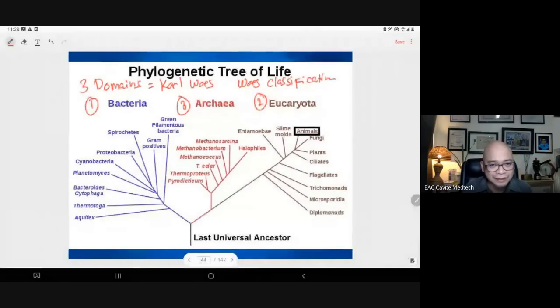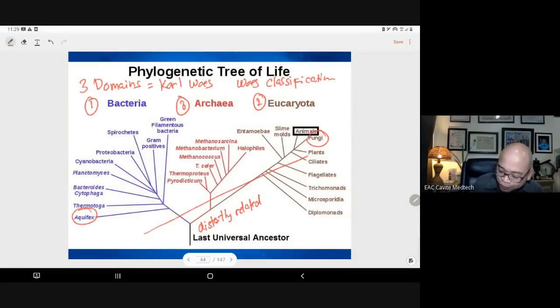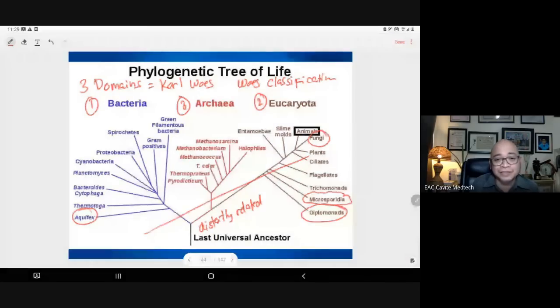This is how you interpret a phylogenetic tree. If this particular organism is far from these organisms, what do you call this one? They are distantly related. But if you look at Microsporidia and Diplomonads, they are close in the phylogenetic tree.